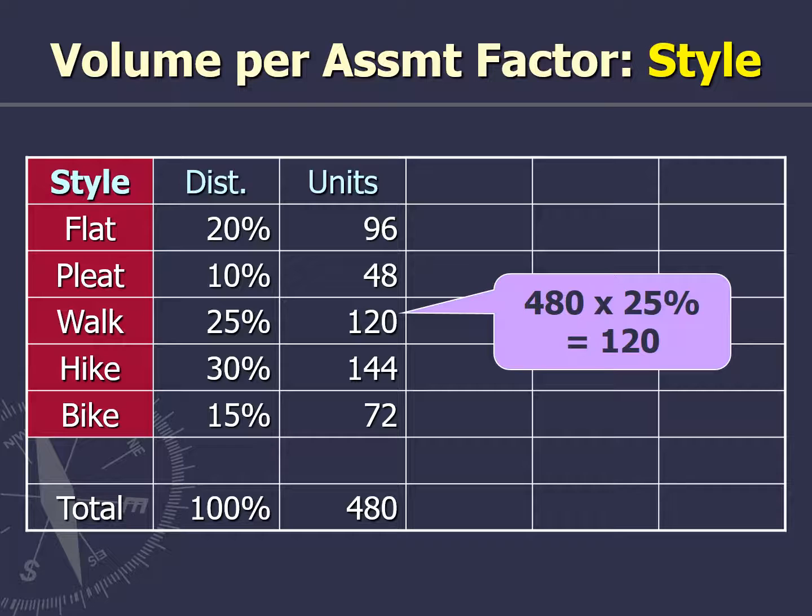Out of the 480 units, 25% should be walking shorts, so 25% times 480 is 120 units. You can do the same thing for every level of the style. The flat front shorts will be 96 units, because 20% of 480 is 96. You can do the same thing for the rest of the styles.